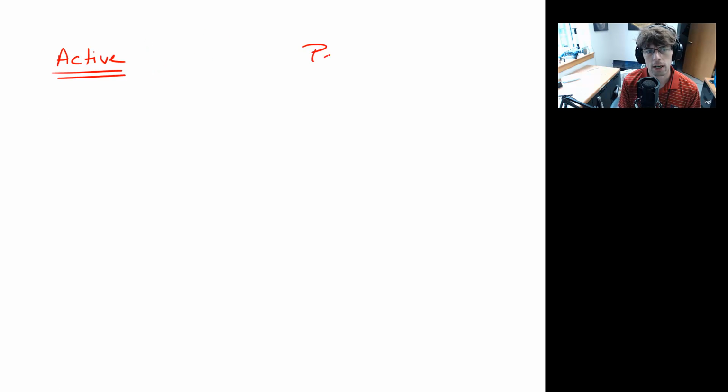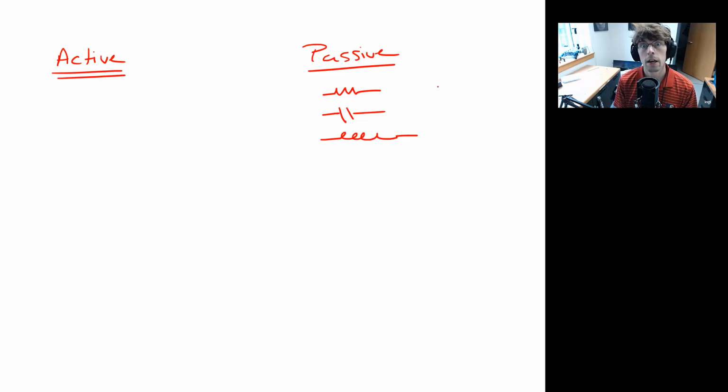So this is in contrast to your passive elements like resistors, like capacitors, like inductors. These are circuit elements that operate, if you will, due to the physical nature of how they're constructed. So they don't need any external power supplies in order to operate properly.